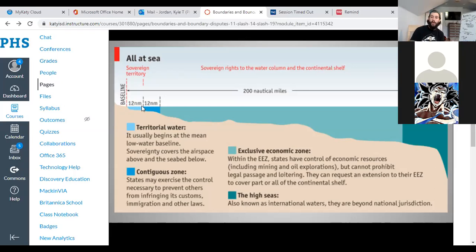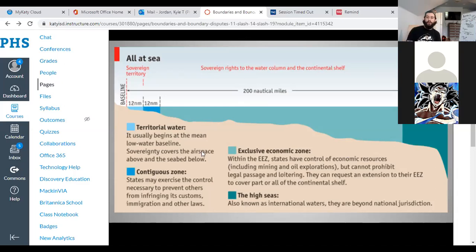Okay? 12 nautical miles out from that, states may exercise the control necessary to prevent others from infringing its customs, immigration, and other laws. Basically, those extra 12 miles give us a border where we can say, hey, you can't come in here, you can't do your business here. Then you have your exclusive economic zone, 200 miles out from the shore, where you have exclusive control of economic resources like mining and oil, but you cannot prohibit legal passage and loitering.